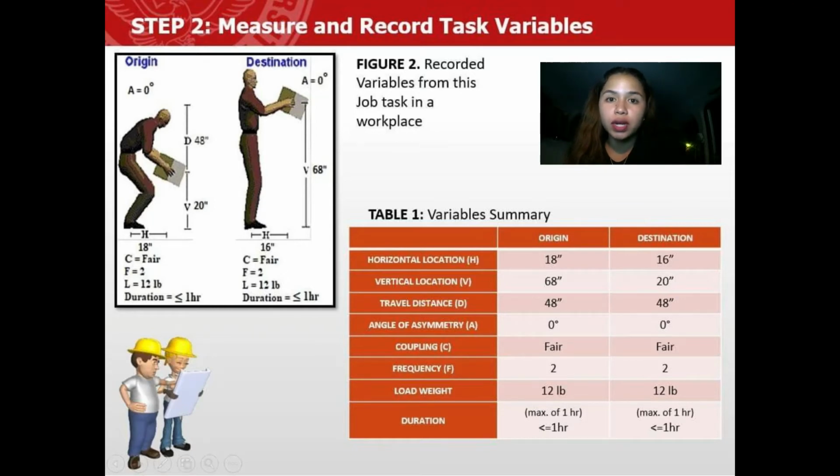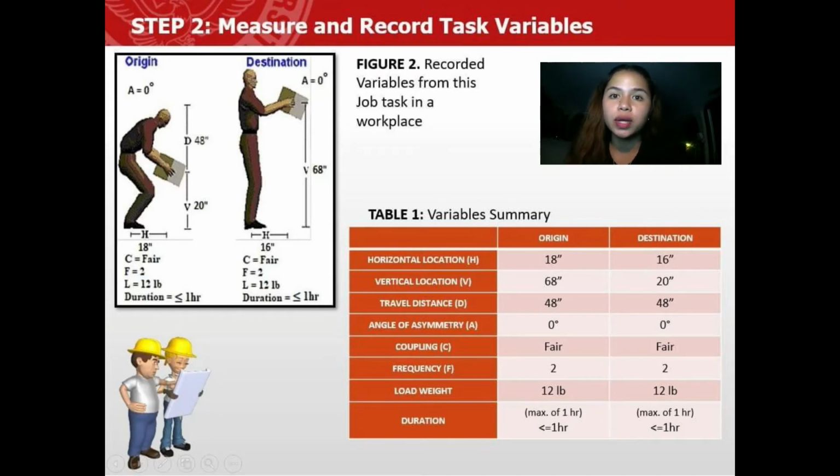No asymmetric lifting is involved at the origin and the destination as well. The container has a less than optimal design with no handles or cutouts. Therefore, coupling is defined as fair. The average frequency of lifting in this manner is 2 lifts per minute over a duration of less than or equal to 1 hour per day.